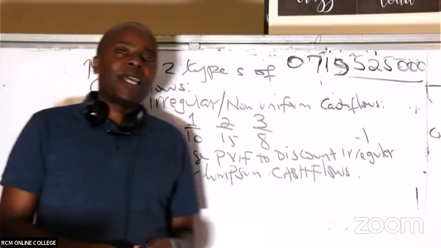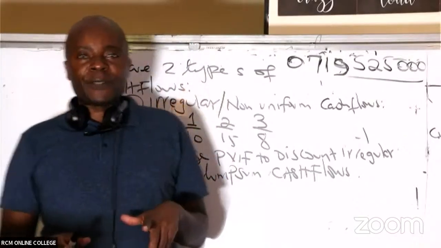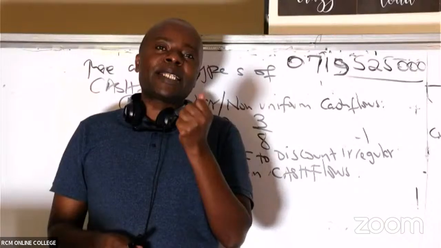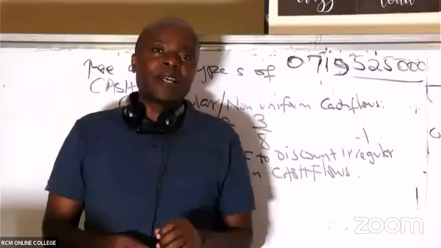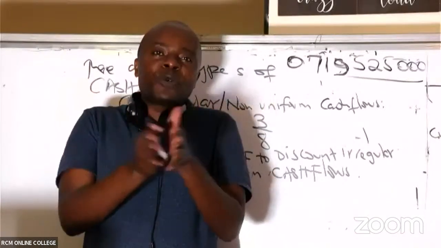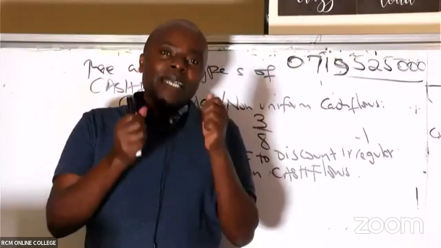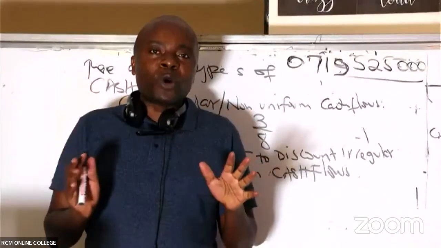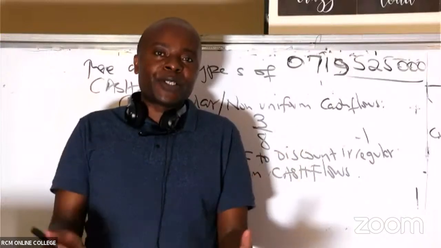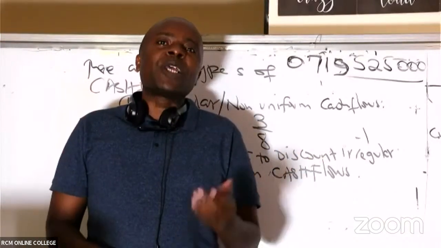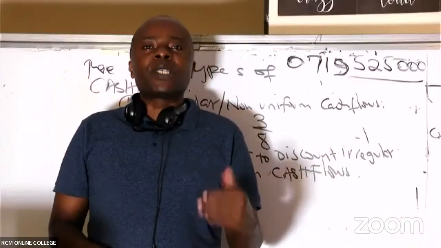Assuming, for example, today I buy a very good asset, and this asset will give me, say, 10 million, but after 5 years. In between, I'm getting 0. But in the fifth year, I get the whole amount released to me at once. That amount is as good as an irregular cash flow. There's no regularity there.